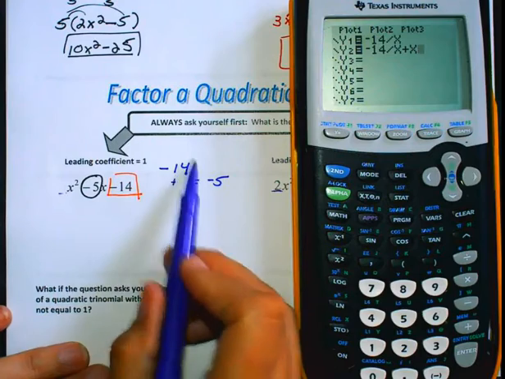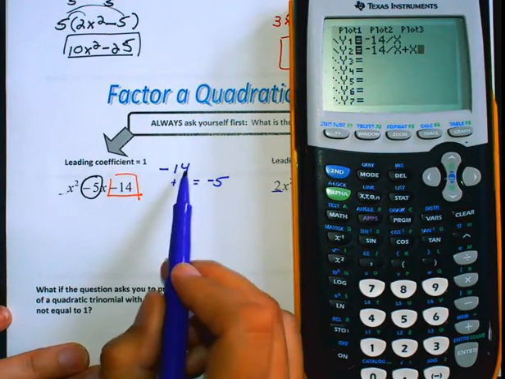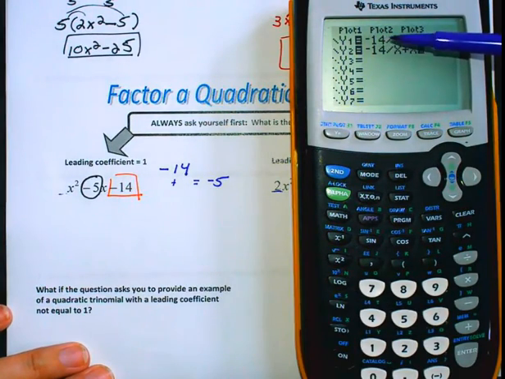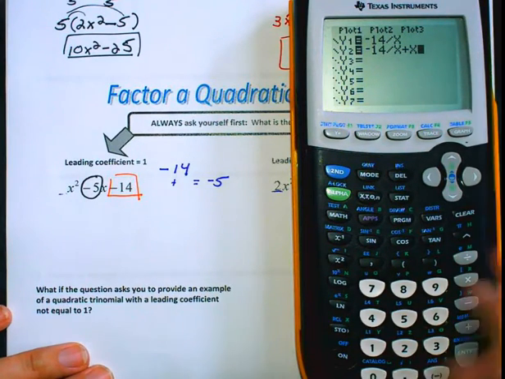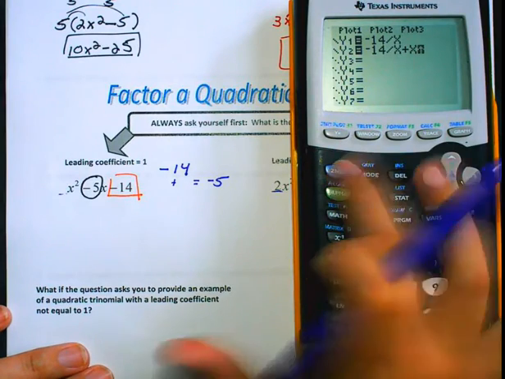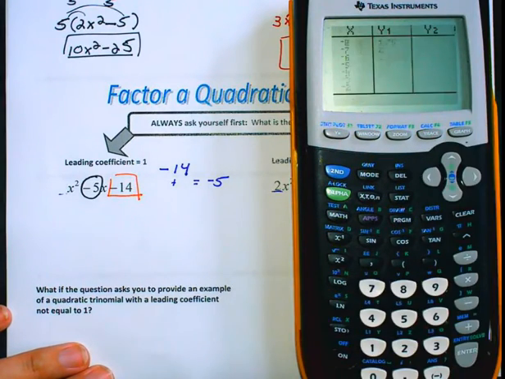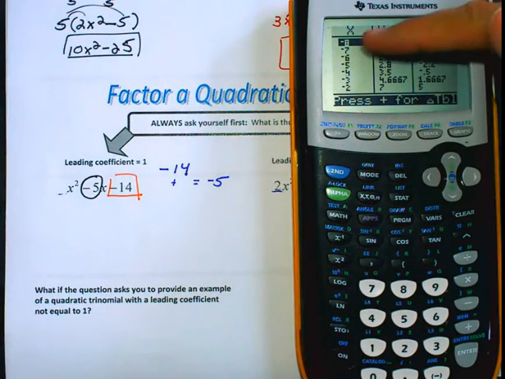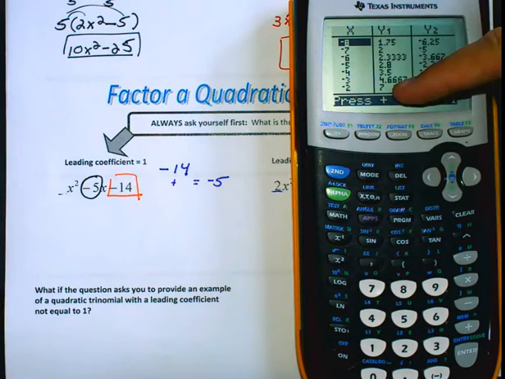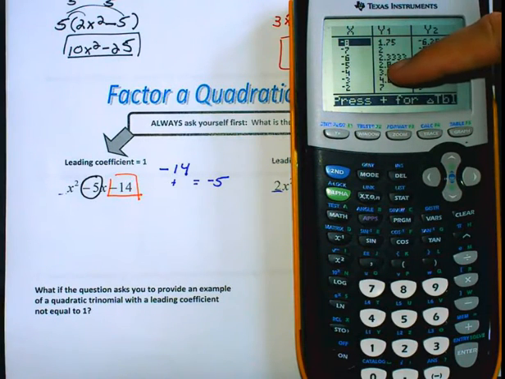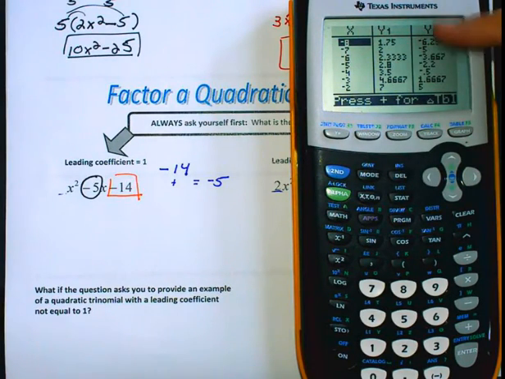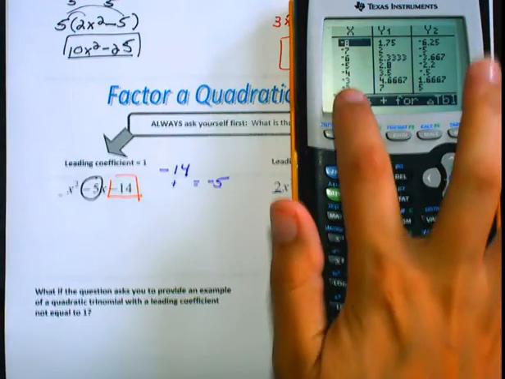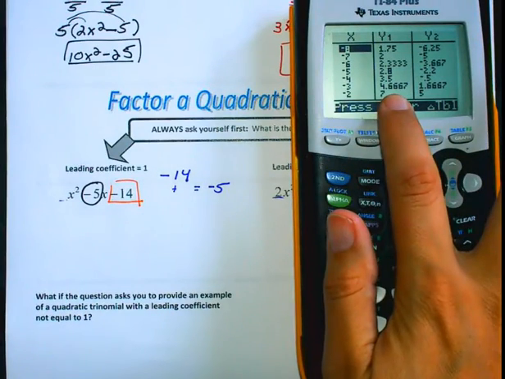Again, we're taking that negative 14, put in the calculator negative 14 divided by x, and negative 14 divided by x plus x. Then you're going to go into your table. So second graph, what you see here is that you have numbers, this column and this column, they multiply to negative 14. And then column Y2, this is the sum of my column here and the column here.